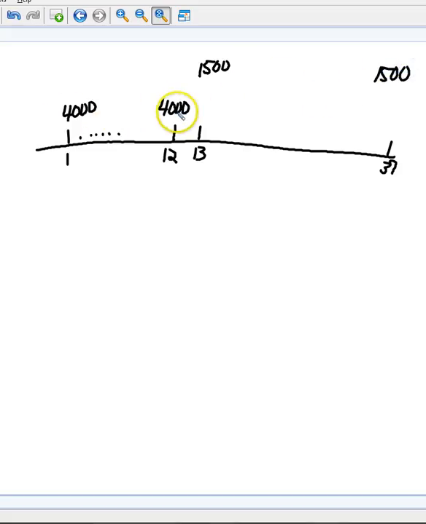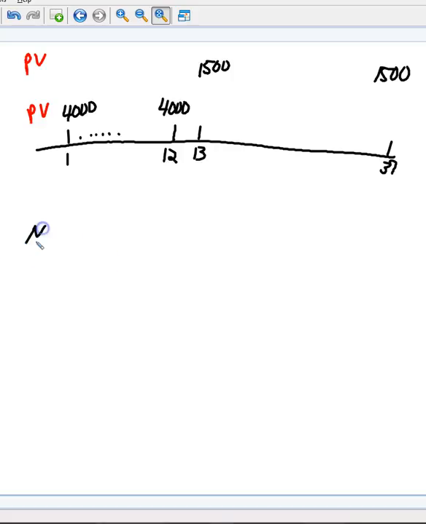He gets $4,000 for the first 12 quarters, and then starting in quarter 13, he gets $1,500. So we have two types of present value to solve for: the present value of the $4,000 annuity and the $1,500 annuity. So let's start with the $4,000 annuity.